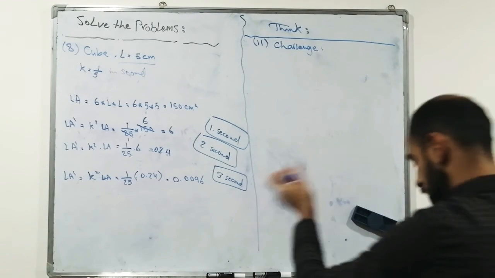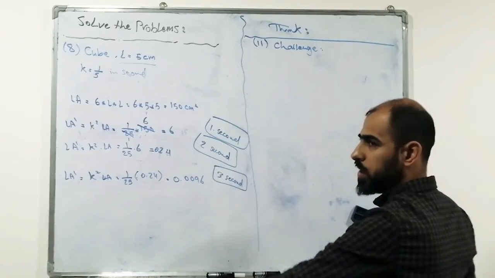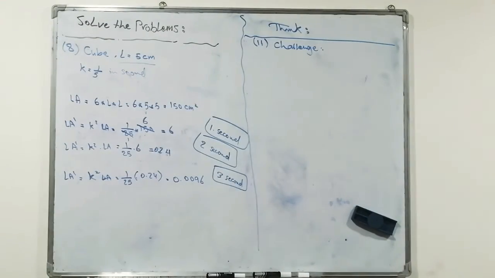And if we keep going, we will see that the shape is melted in the third or the fourth second. So it takes 3 or 4 seconds to completely melt the cube.